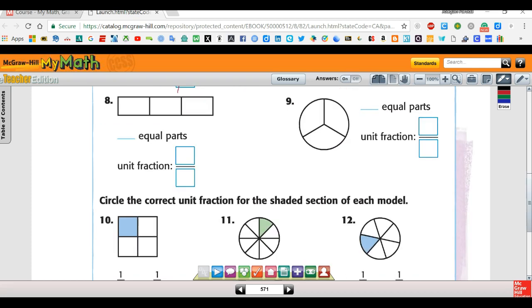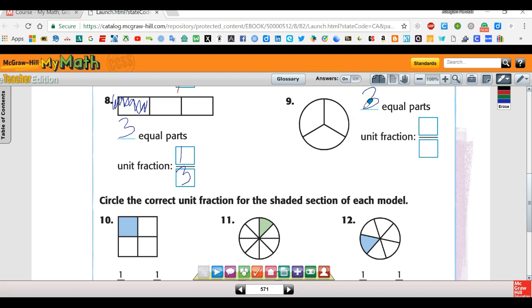How many equal parts do I have? 3. So Aubrey, what would be my unit fraction? 1/3. Okay, and obviously I would have to just shade one of those, right? Number 9. How many equal parts do I have? 3.